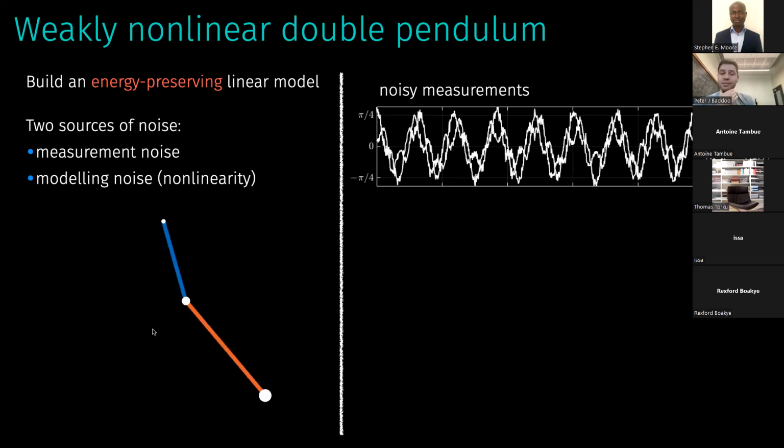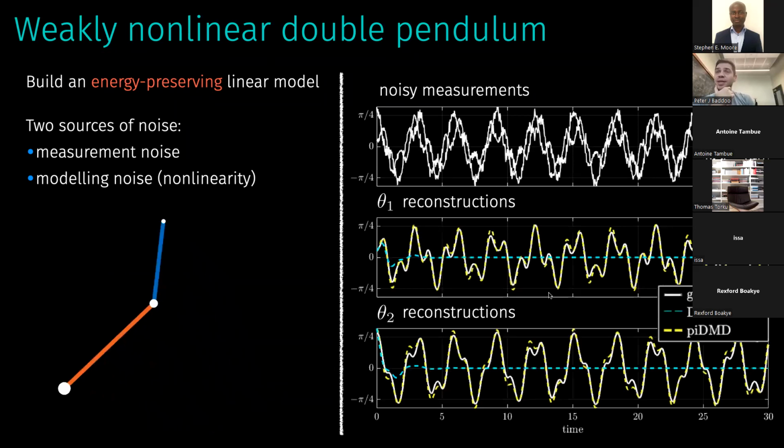So we're going to train 2 models on this data. One model is just a standard DMD approach that doesn't know about the energy preserving aspect. And then the other is this physics-informed DMD that does know about energy conservation. So if we do that, and then we try and reconstruct our data from these noisy measurements, then the DMD model is very bad.